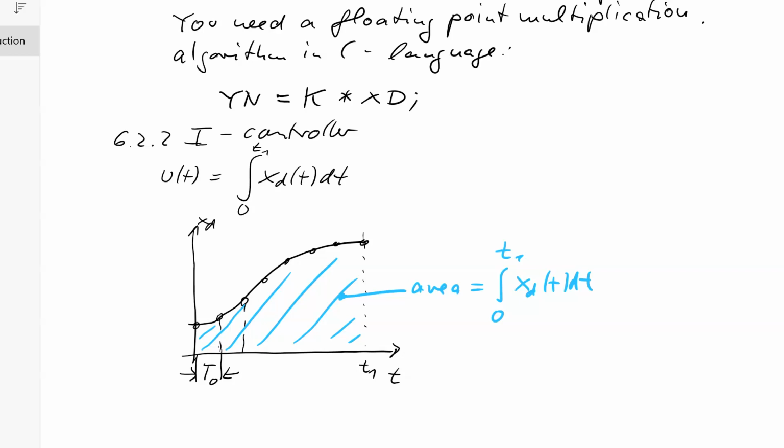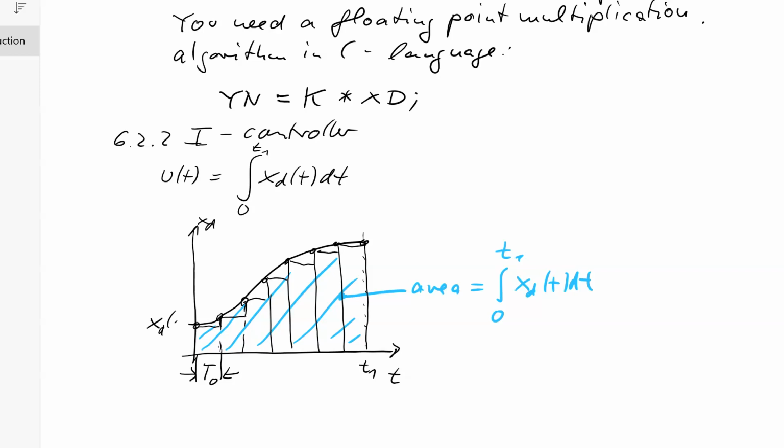Okay, now what we can do is very simple. We can approximate this area by using a sum of rectangles. These values are available.